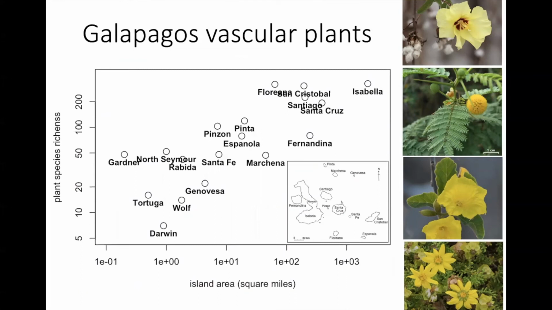And then the small islands like Pinta down here. So you can see that as the total area of the island goes up, the number of species on the island goes up as well. And here's some of our Galapagos plants, the cotton, right? All those yellow things pollinated by the bumblebees.